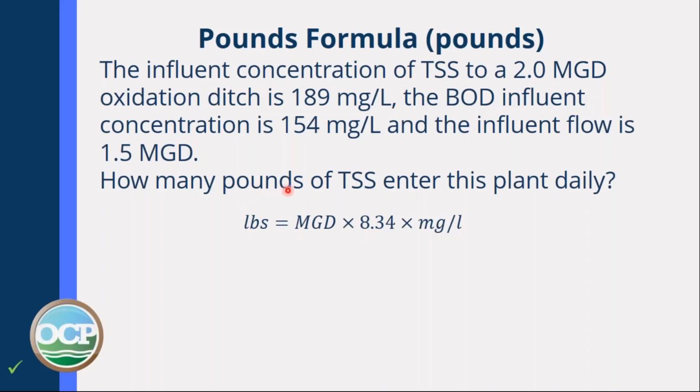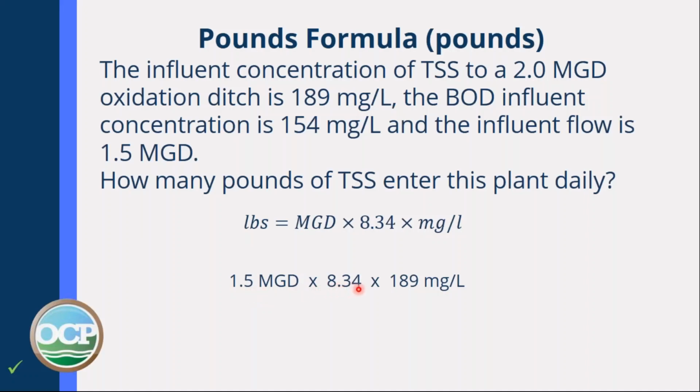We're looking for pounds, we need million gallons per day, and we need a concentration. So the influent flow, not the size of the plant, the influent flow is 1.5 million gallons per day, and that's the number that you need here.